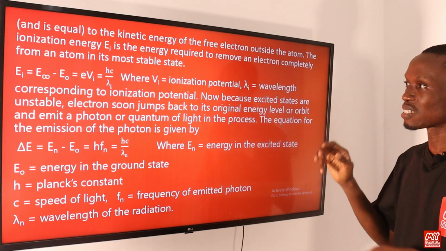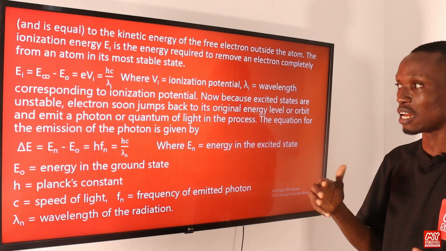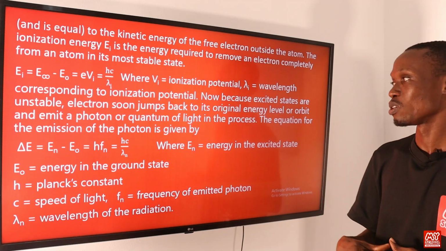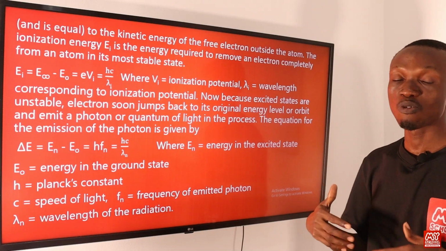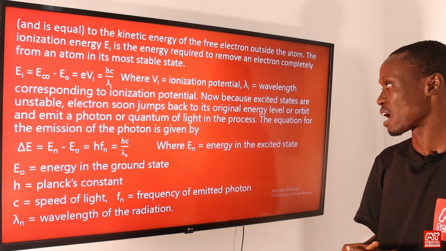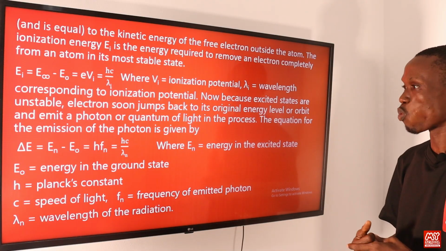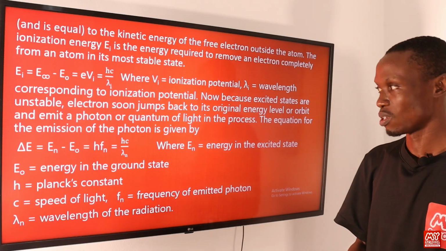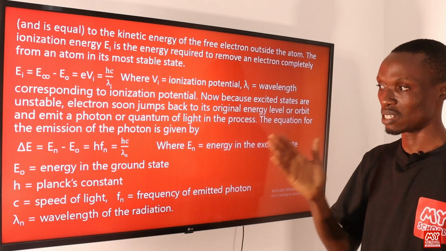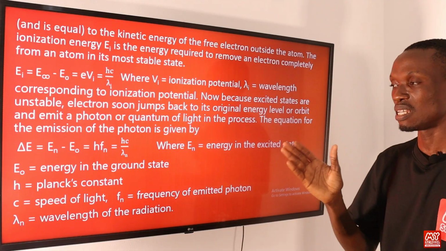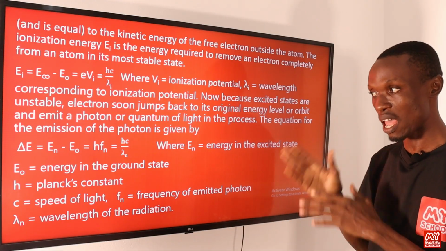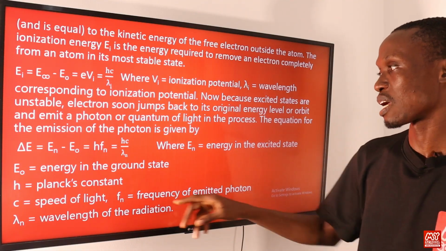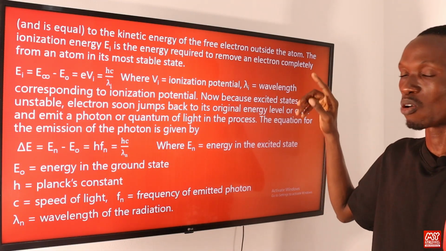Now, because excited states are unstable, electrons will jump back to their original energy level or orbit and emit a photon or quantum of light in the process. So the equation for the emission of the photon is given by delta E equals E_n minus E naught, and this is also equals h f_n. But remember that f equals c all over lambda.